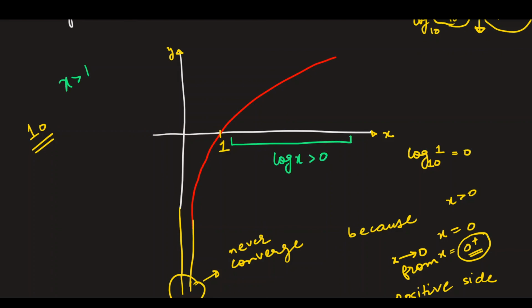This value is above the x-axis, hence this is the region where log x is greater than 0. If x is less than 1, in this region we get log x less than 0, okay, and if x is equal to 1, log x is 0. Okay, so we are comfortable with this graph now.